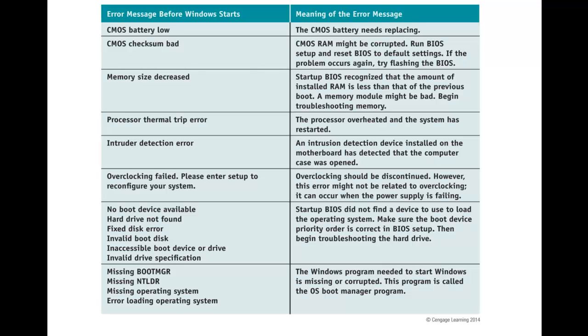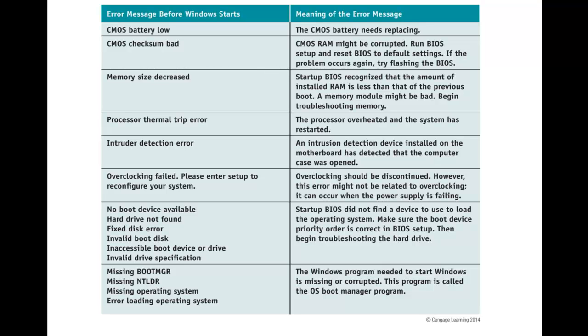A CMOS battery window might pop up that says the CMOS battery is low. You would change out your CR2032 standard battery, or whatever battery your system has. A lot of times you might also see that the memory size has decreased.